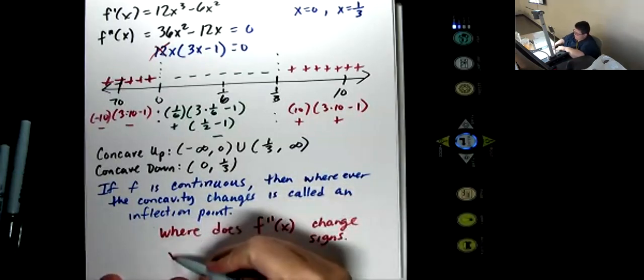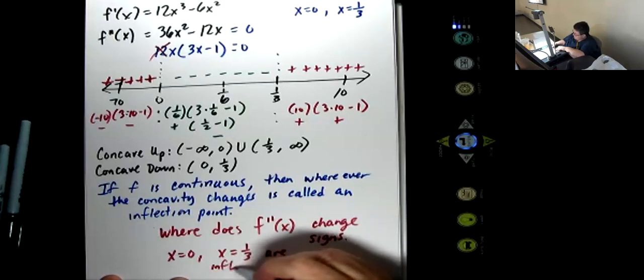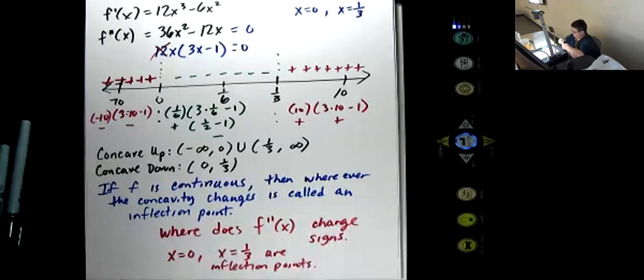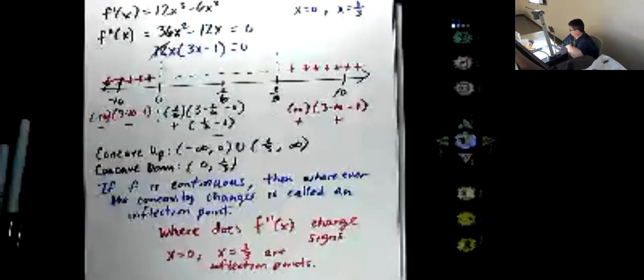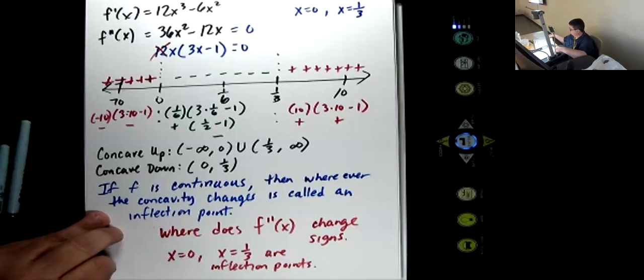So we actually had both points we came up with earlier, x equals 0, x equals 1/3, are inflection points for what we had. Any questions?